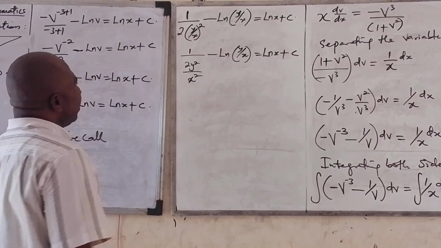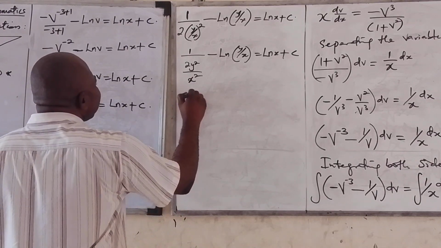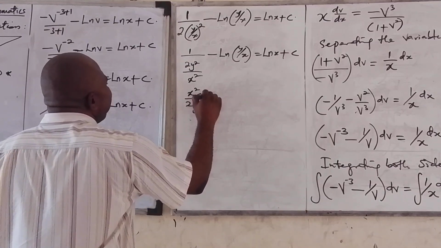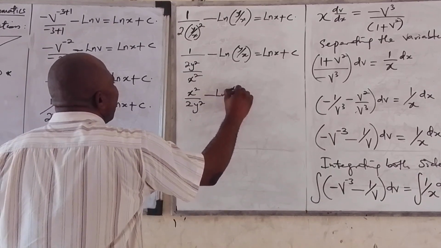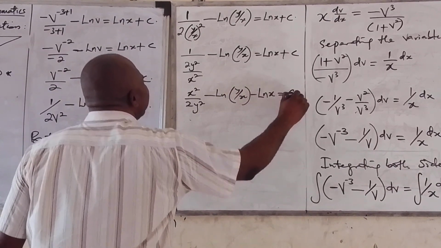Now the whole of this will be equal to x squared all over 2y squared minus ln y all over x minus ln x is equal to c.